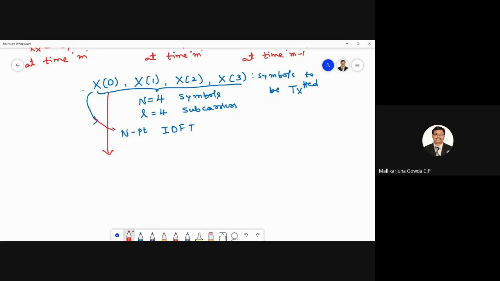So let me write this by taking IDFT. So I can write x of 0, then x of 1, then x of 2, then x of 3, right? So these are the IDFT samples. Is this fine? These are the inverse discrete Fourier transform samples.